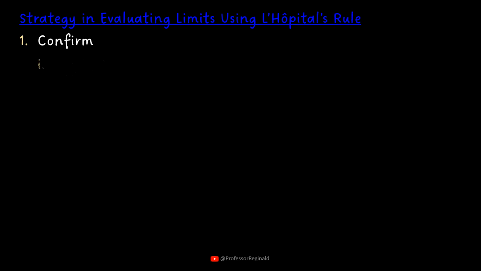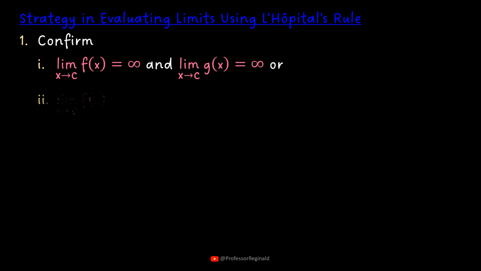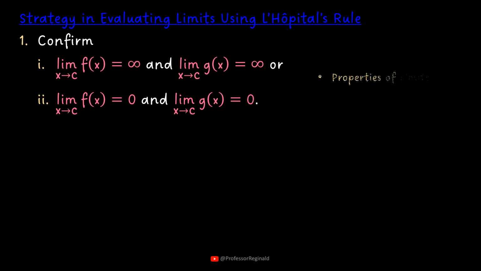Strategy in evaluating limits using L'Hopital's rule. First, confirm that the limit of the numerator and the denominator are both infinite, or the limit of the numerator and the denominator are both 0. Use properties of limits, direct substitution, and common limit expressions, whichever may apply.